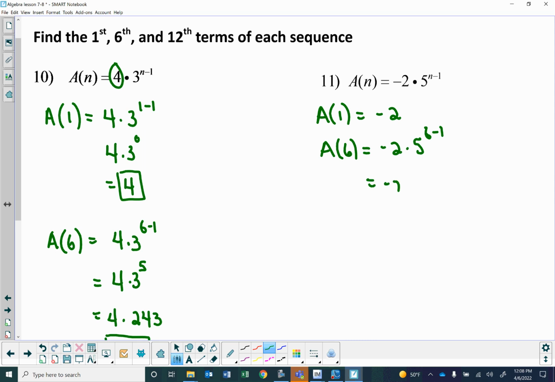So this is going to be -2 times 5 to the 5th power. 5 to the 5th power is 3,125, so -2 times 3,125 is going to end up to be -6,250. So our 6th term is -6,250.